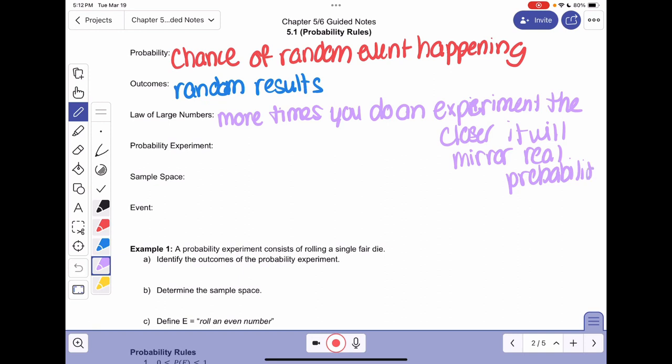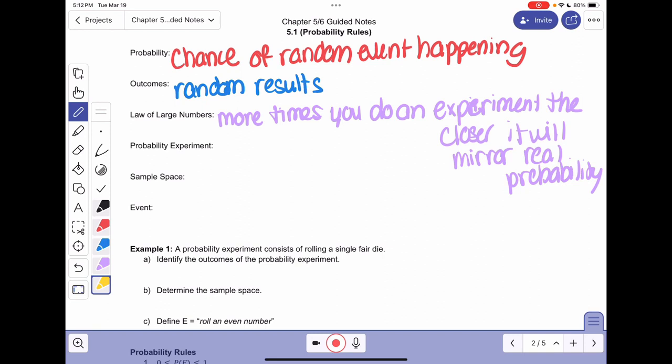So if you flip a coin 2 times, you might end up with 2 heads. That doesn't mirror 50%. But if you flip a coin 100 times, it's going to be a lot closer to 50%. If you flip it 1,000 times, it's going to be a lot closer to 50%. That's all that means.